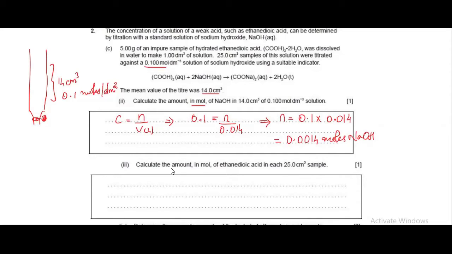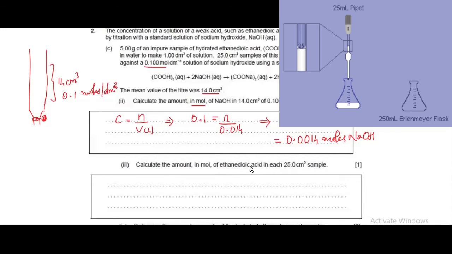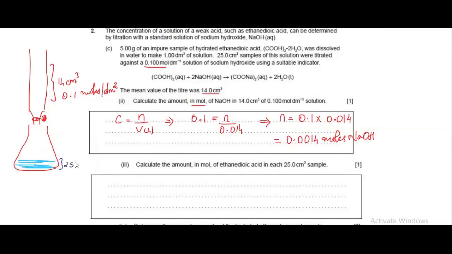Now the next part is asking us to calculate in moles the amount of ethanoic acid in the 25 centimeter cube of the sample, meaning in the conical flask, whatever was taken, which was 25 centimeter cube.